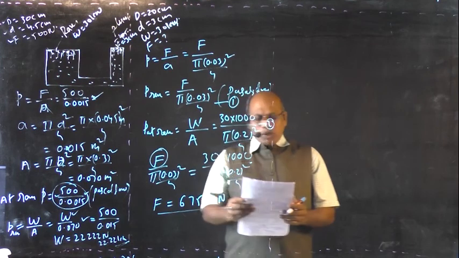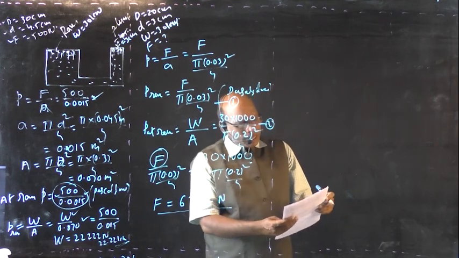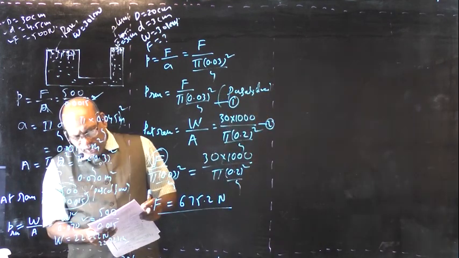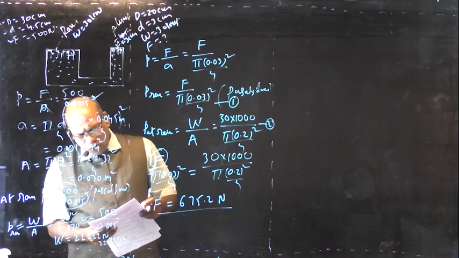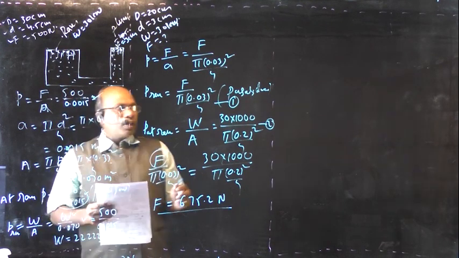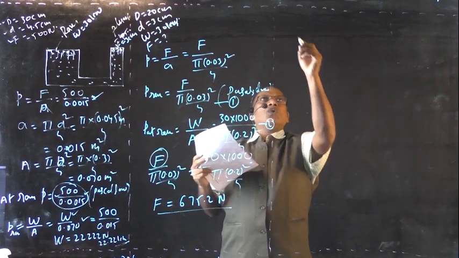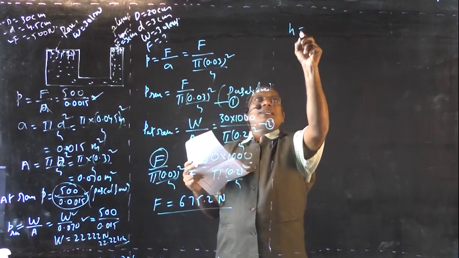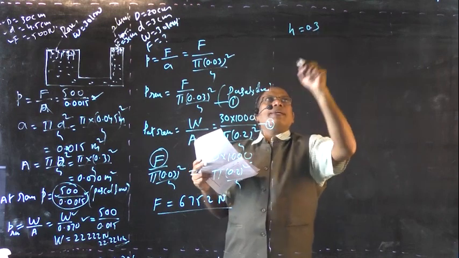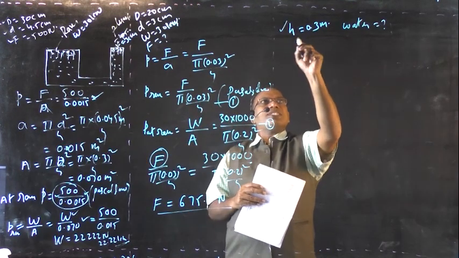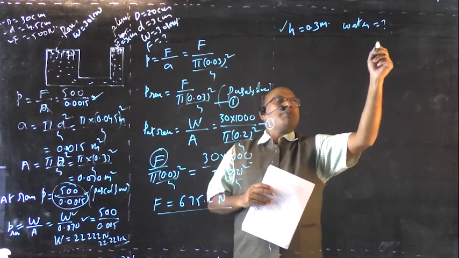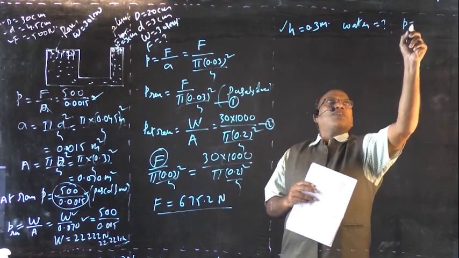Note down one more problem related to pressure and its measurement. Calculate the pressure due to a column, that means head, of 0.3 meters of water. So this is the pressure head given, that is H equal to 0.3 meters. What is the pressure for water?